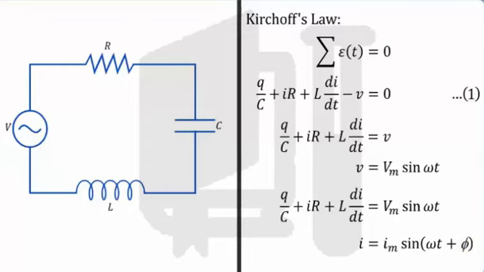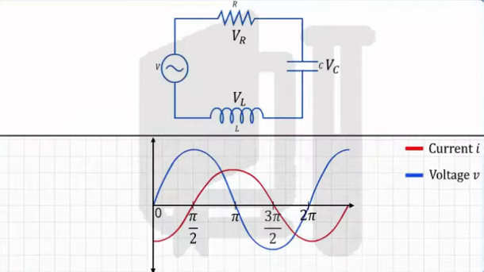Let the instantaneous voltages or potential differences across the three circuit components be VL for the inductor, VR for the resistor, and VC for the capacitor. We know that the voltage in the inductor leads the current in the circuit in phase by pi by 2 in a pure inductive circuit.